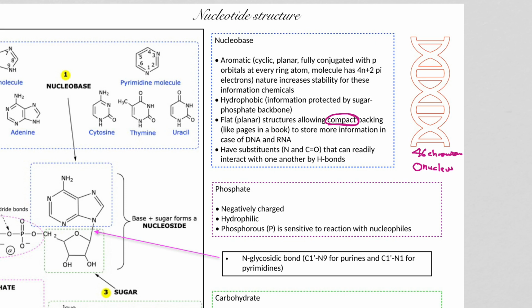And one of the nice things about these nucleobases is they are planar structures, okay? That's part of the aromatic nature, flat planar structures. So this information can be stored like pages in a book. The pages also are flat, two-dimensional structures. So we'll see that this ability to store this information as pages allows us to store a lot of information in our 46 chromosomes that gets packed into this small area that we call the nucleus of the cell.